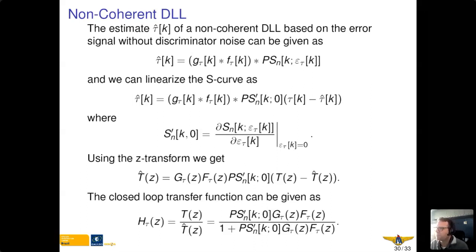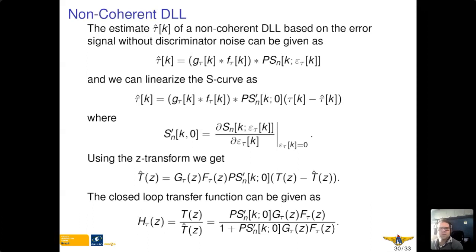Based on this, we can derive what's called the closed loop transfer function h of tau of Z, which is the input, the true time delay, divided by the output, the estimated time delay in Z domain. And then we have here the behavior of the closed loop.